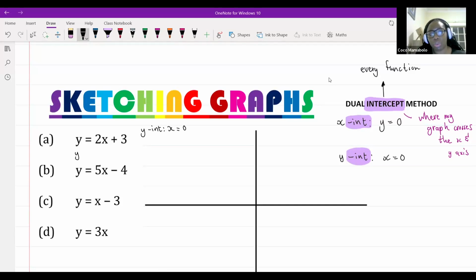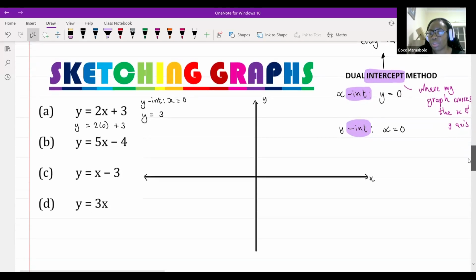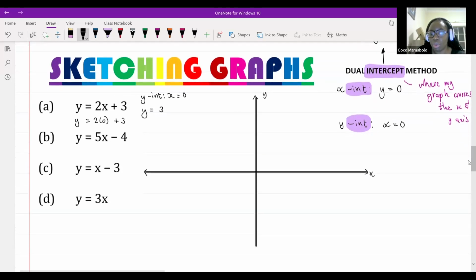So we get y is equal to 2 times 0 plus 3. That means my y-intercept is equal to 2 times 0, which is 0, plus 3, which is 3. So we're going to go to our y-axis and put a dot on the y-axis at the point 3. That's what a y-intercept does. The y-axis at 3 would be somewhere there. I'm going to put a dot there.